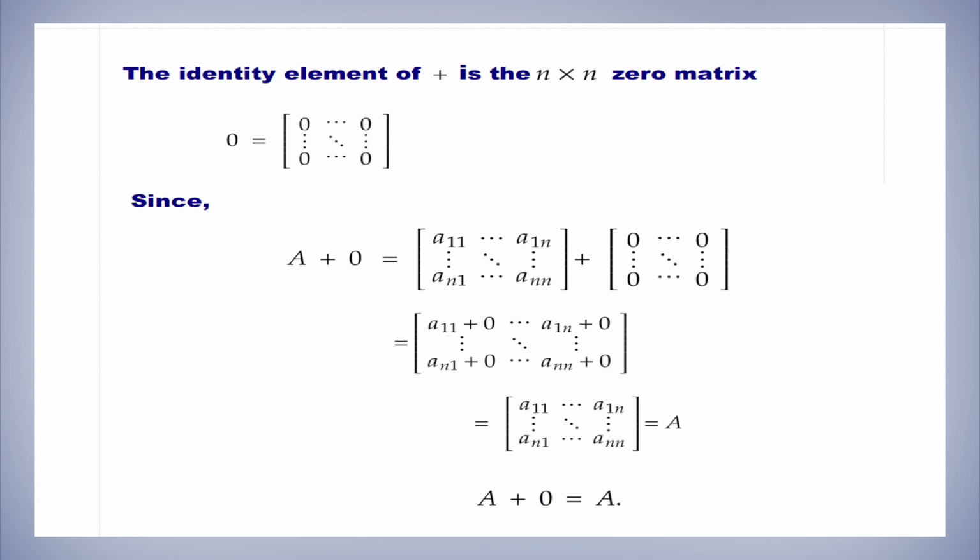Already we are having the zero matrix, plus 0, 0, 0. So the answer is A11 plus 0, A12 plus 0 and so on to A1n plus 0, like An1 plus 0, An2 plus 0 and so on to Ann plus 0. So it is equal to A11, A12 and so on to A1n, like An1, An2 and so on to Ann, which is again A. So A plus 0 is equal to A.